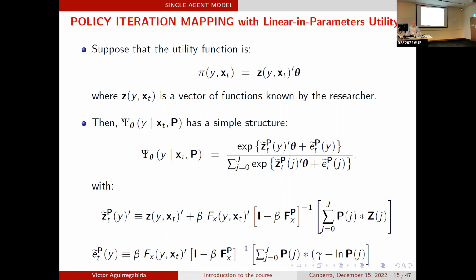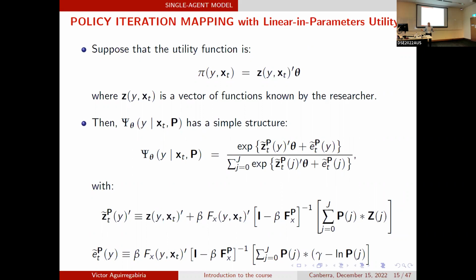Now suppose that we increase theta by certain amounts. What will we have to do? We will take the vector z tilde, multiplied by our new vector of parameter theta, do this for every choice alternative, calculate this exponential expression, calculate the denominator, and calculate these choice probabilities, as we would do in a standard McFadden static logit model.